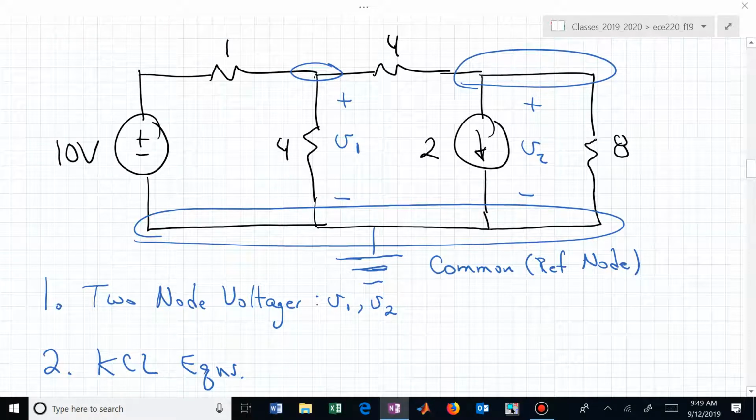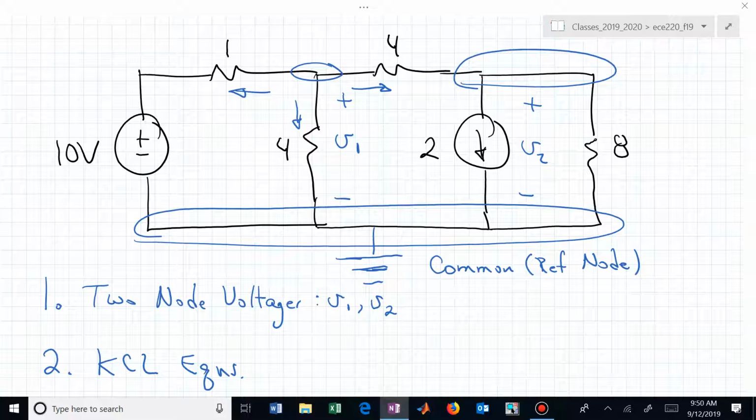Meaning, we now need to do KCL at, let's say, node 1. We need to sum this current, and that current. I've drawn those all in blue, and they're all leaving the node. Those now need to sum to 0 by KCL. Everybody comfortable with that?